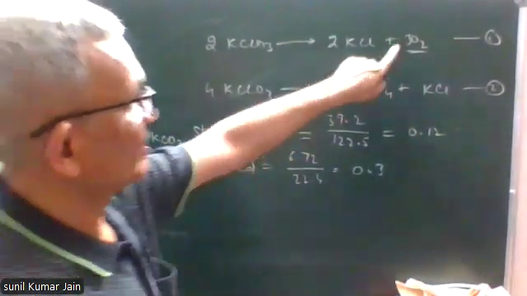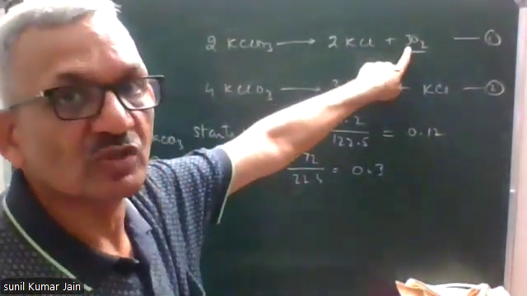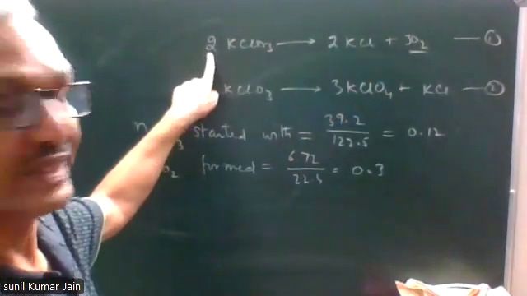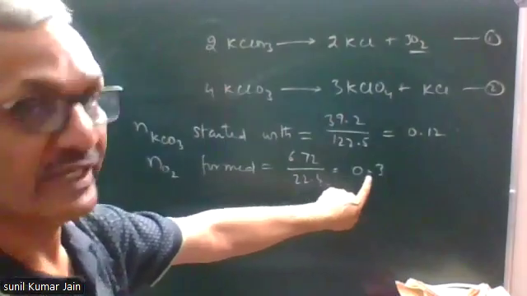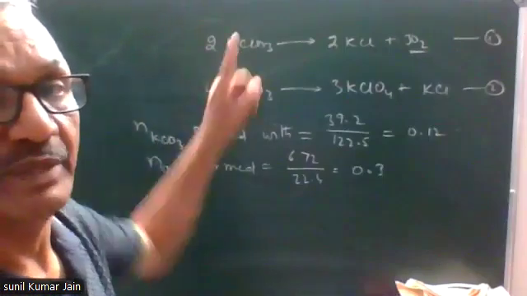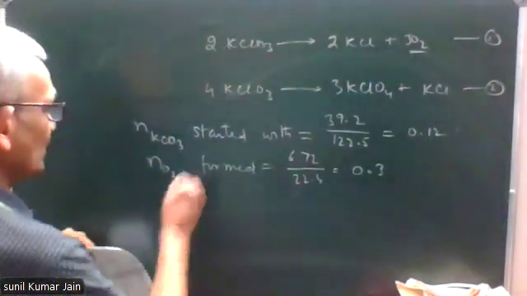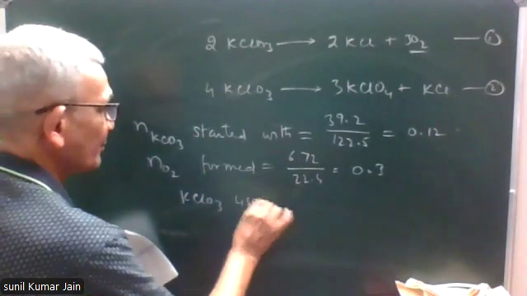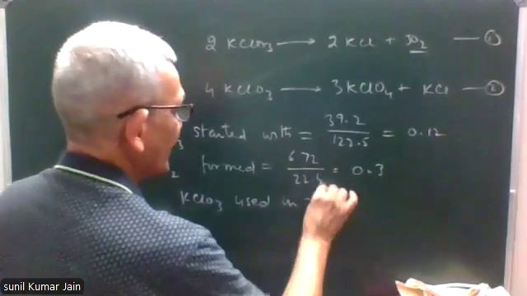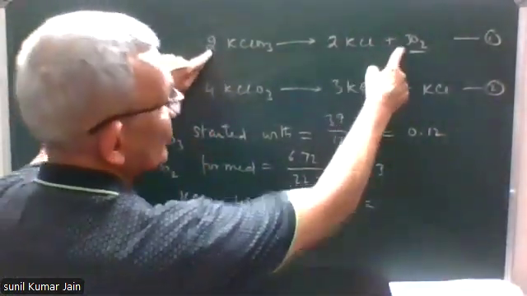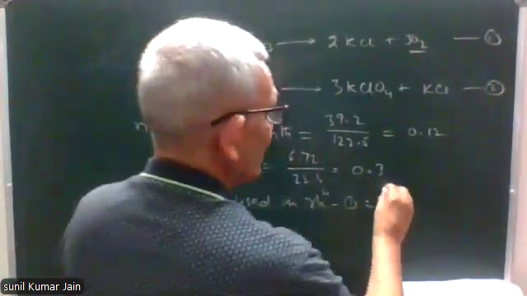Now look at the equation. To produce 3 moles of oxygen, 2 moles of KClO3 will be used. It means to produce 0.3 mole of oxygen, KClO3 used will be 0.2 mole. So KClO3 used in reaction 1 will be 2 divided by 3 into 0.3.